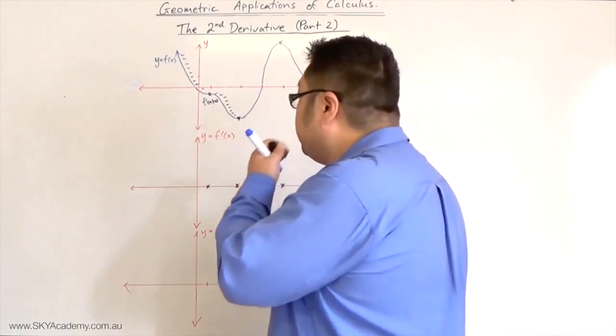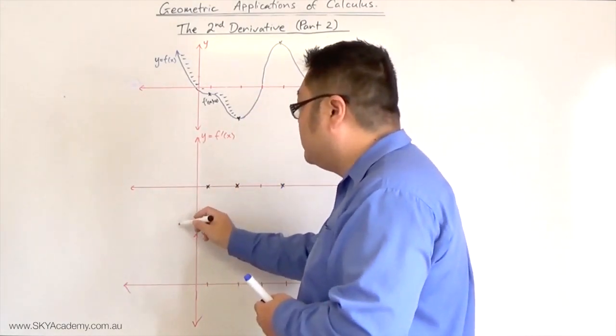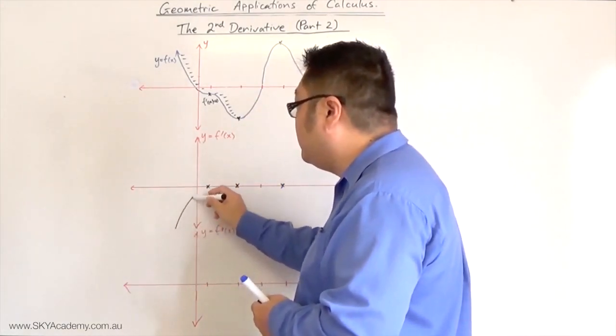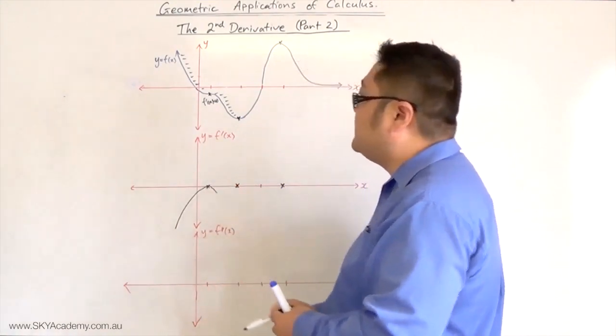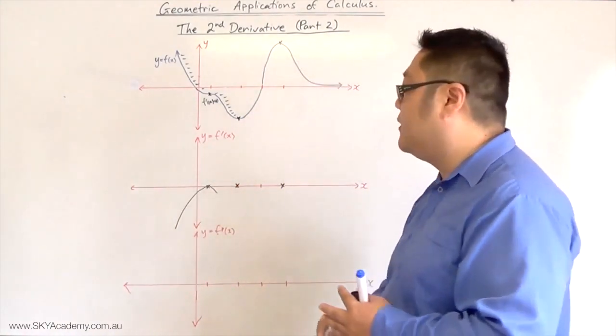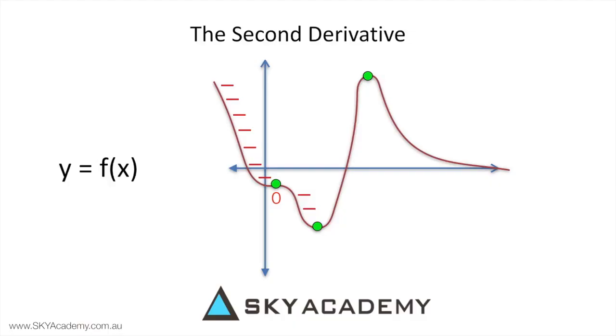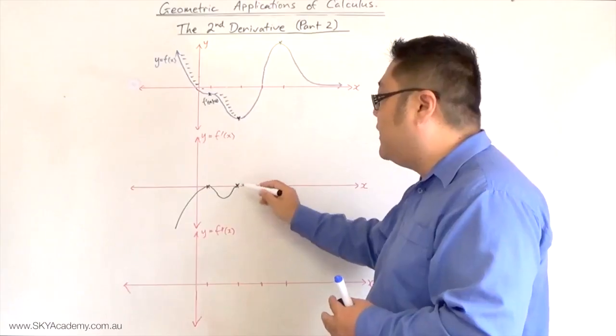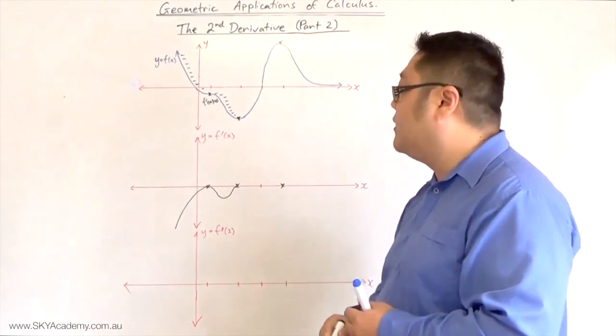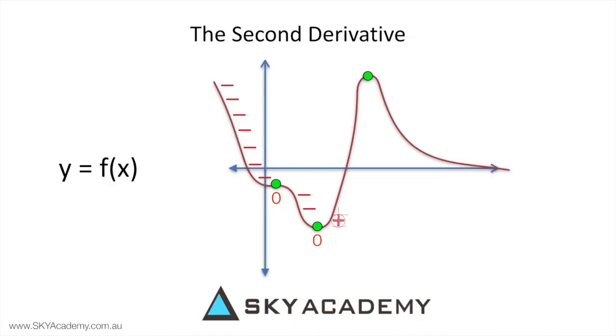So at this point the graph is starting negative, hitting 0, and going back down into negative territory. But it's going to come back up to 0, so it's not going to stay negative for too long before it hits 0 again. And then it starts going positive, and it will go all the way positive up until it reaches that 0 again too.